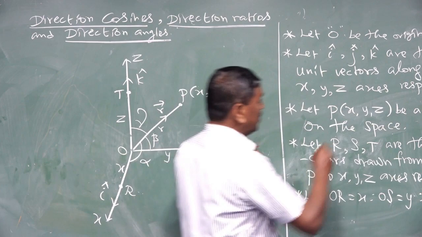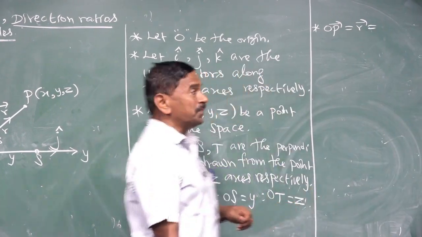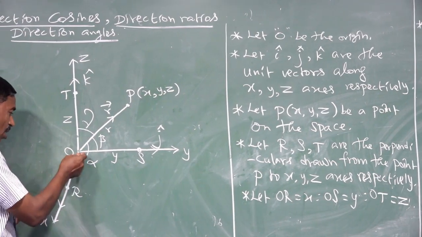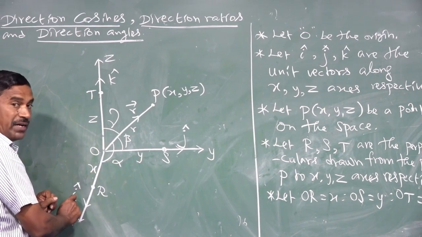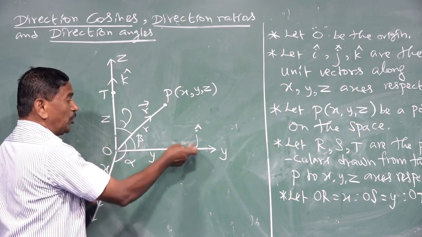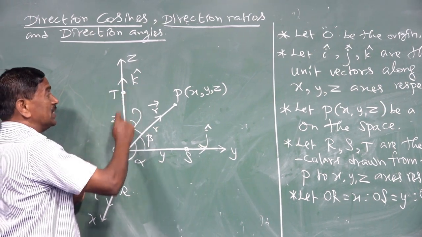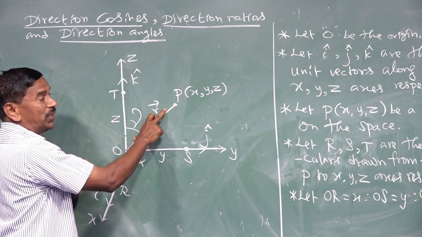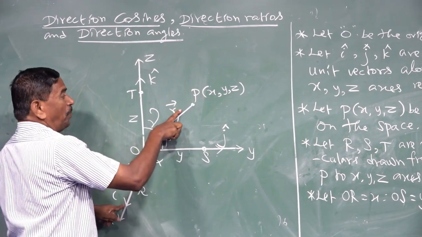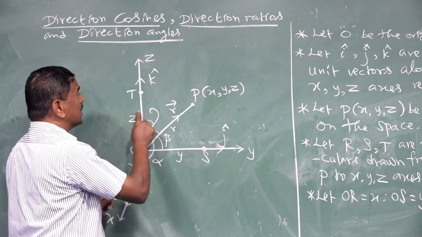Here, magnitude x along the direction i vector, therefore x times i vector, plus magnitude y with direction vector j, therefore y times j vector, plus magnitude z with direction vector k cap, therefore z times k cap.